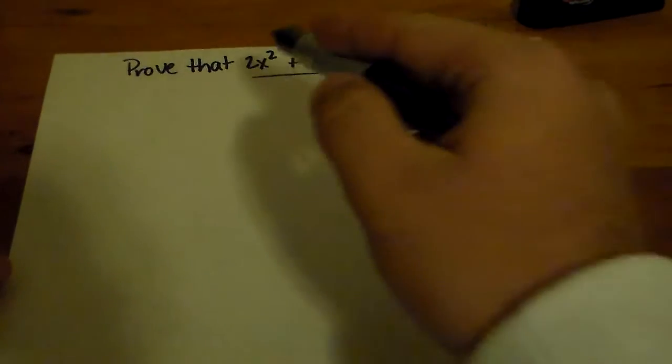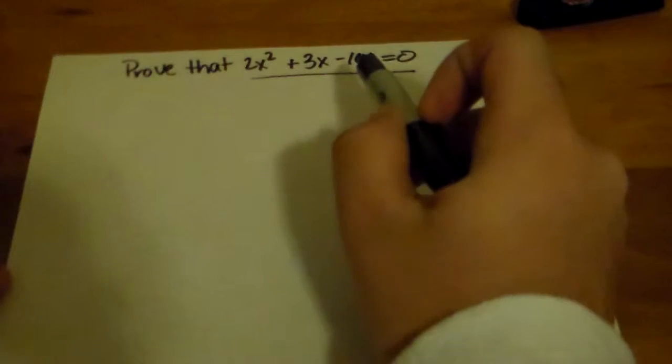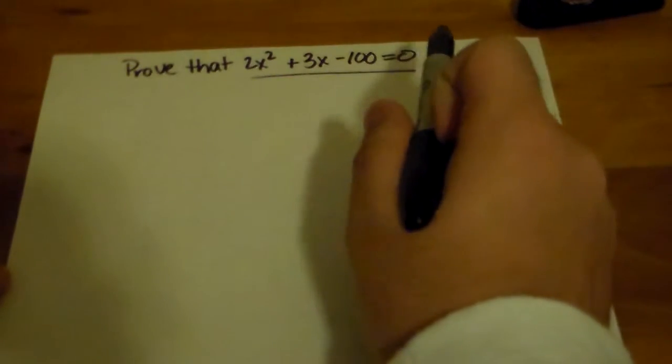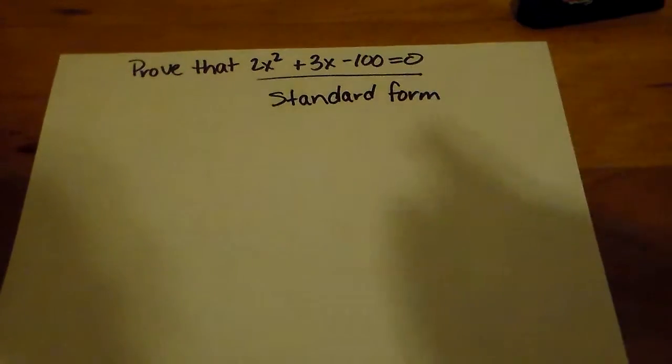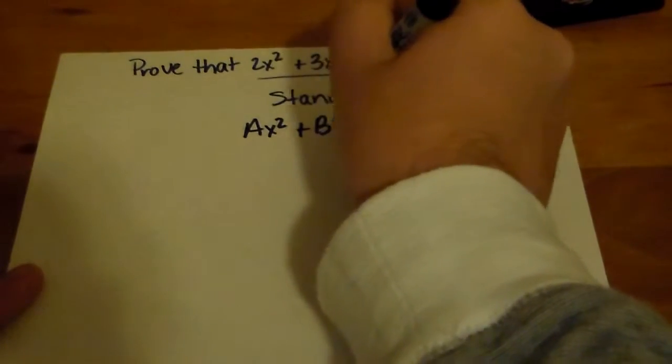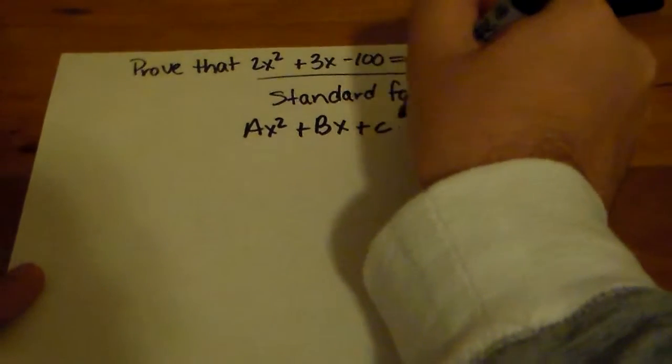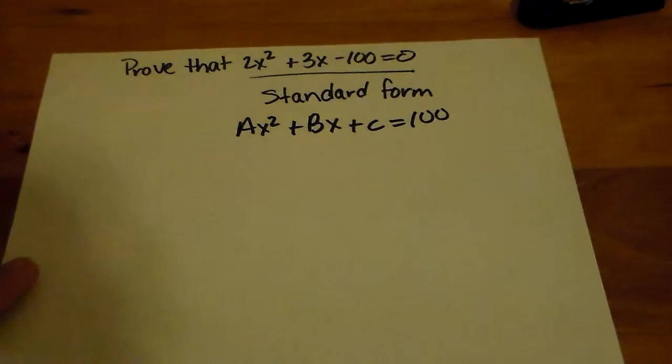Well, if you know most of the equations you've learned, it's called the standard form. The standard form is ax squared plus bx plus c equals 0.